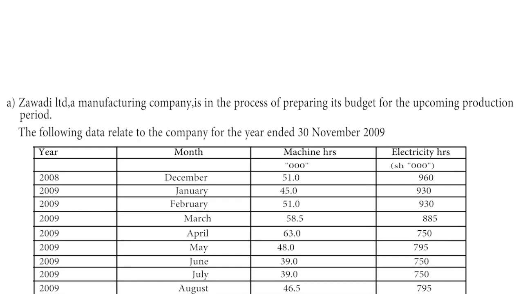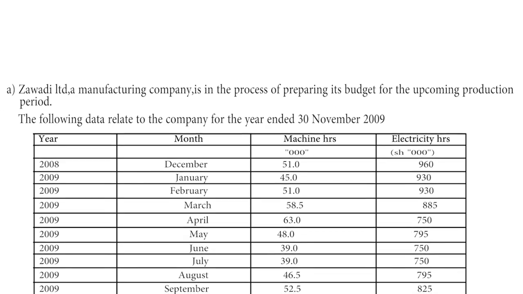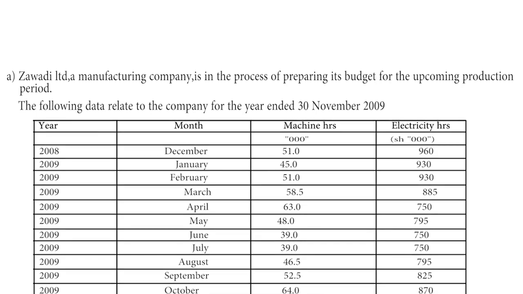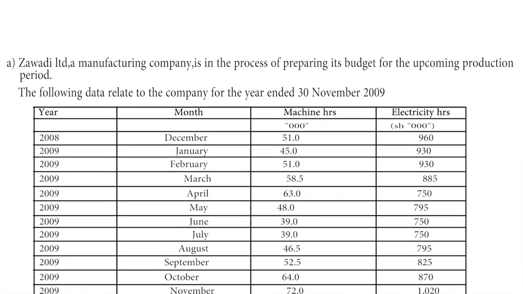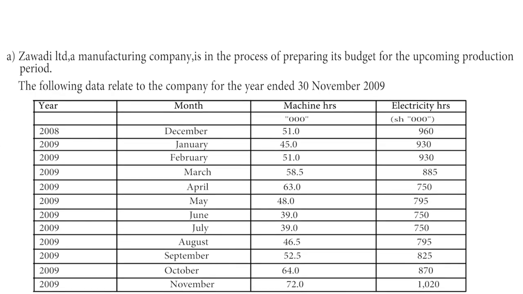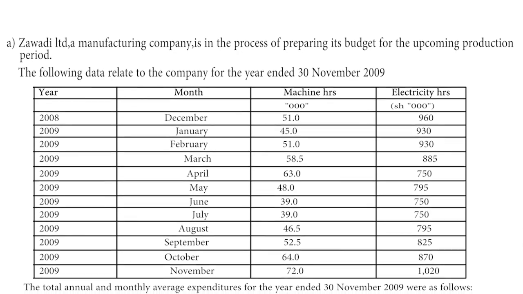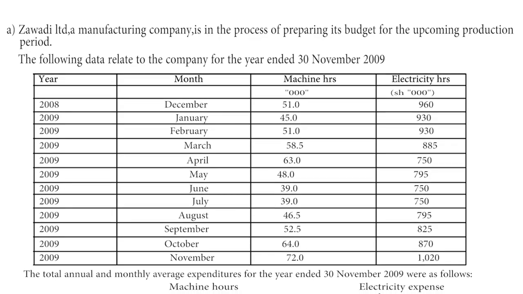If I read across, the first year, 2008, December, the number of hours is 51, while the cost is 960. The year 2009, January, 45, 930 as the expense. February, 51 hours, and we have 930.